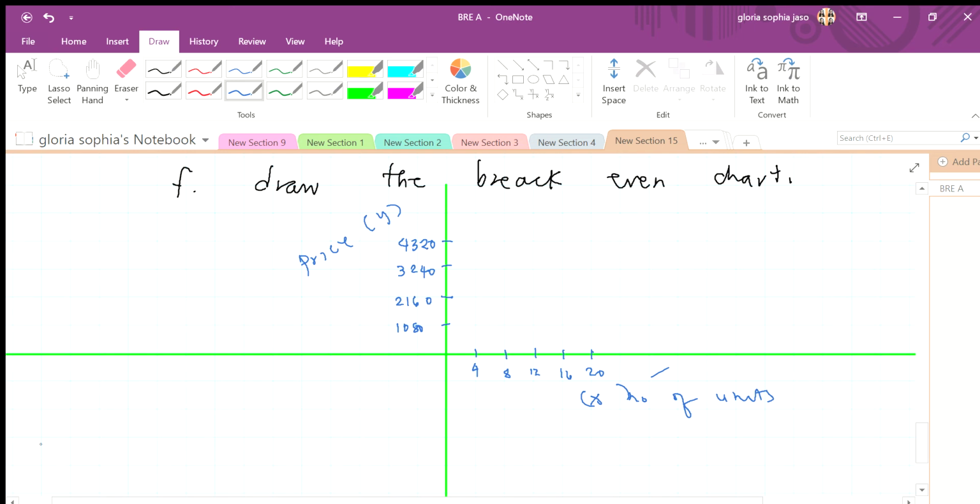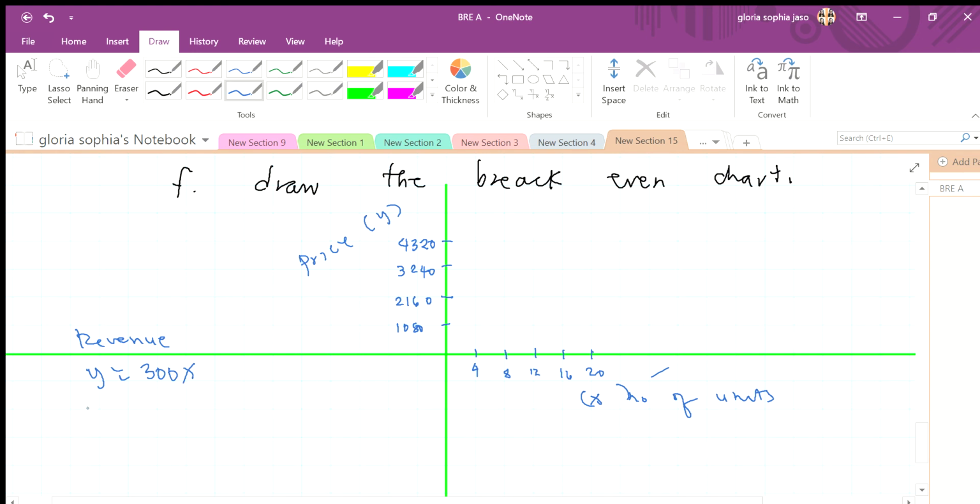Okay, so first, what are the equations? The first equation is the revenue line. The revenue equation is y equals 300x.